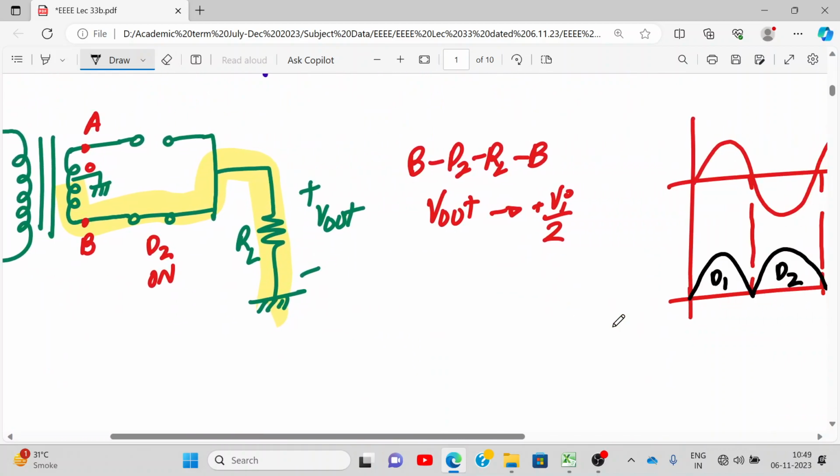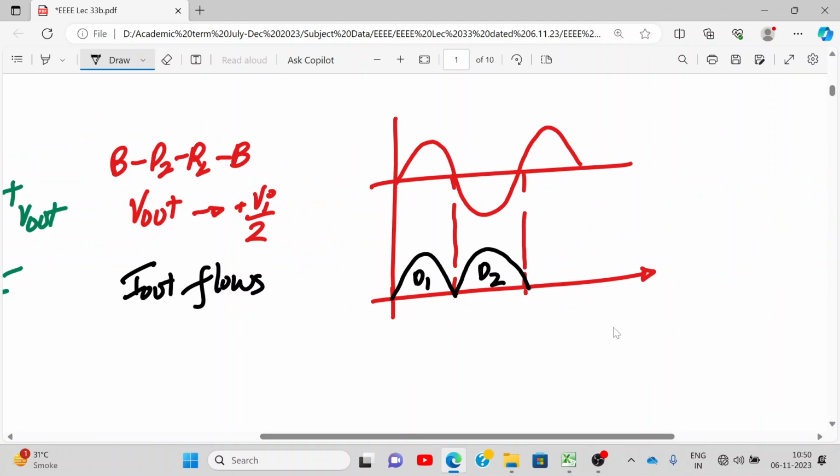So in both the cases, your I out is positive. So therefore, this is called full wave rectified output. This is my Vi, actually Vi by 2. Okay, full wave rectified output.